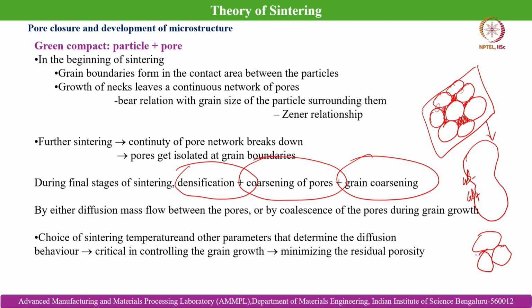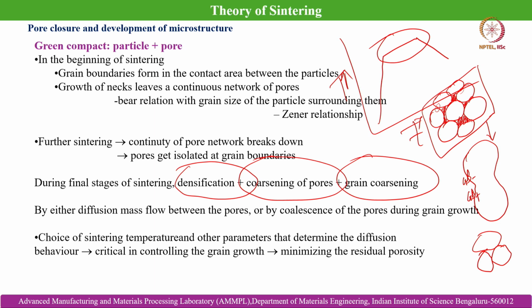That means, in case of sintering, if I draw a typical sintering cycle, I assume this is the temperature and this is the time. Then it happens like this. There is an isothermal period involved, where the process is governed as a function of sintering time.